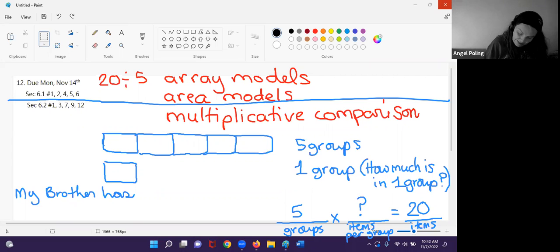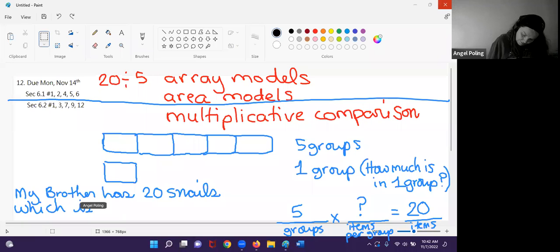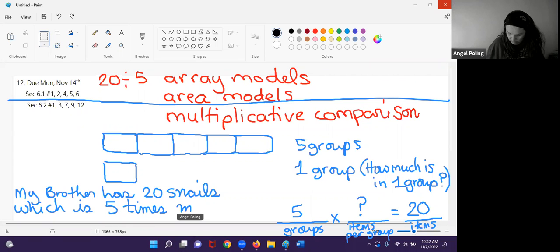So my brother has 20 snails, which is 5 times more than me. I'm sure we could write this eloquently, but my brother has 20 snails, which is 5 times more than me. How many snails do I have?